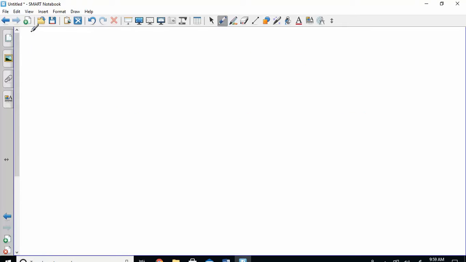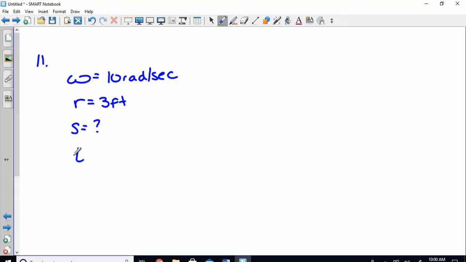Okay, number 11. Point P moves with angular velocity, omega, 10 radians per second. In order to use theta or omega, they always have to be in radians. This one is, so we're good. In a circle of radius, so that's r, 3 feet. Find the distance traveled on the outside of the circle, so that's our S, in 4 minutes.